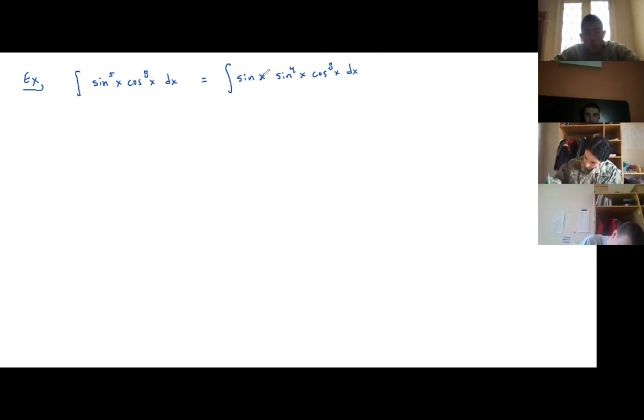I have this one sine by itself. I want to turn sine over here, sine to the fourth, into cosine. So key to that is recognizing that sine to the fourth, this will feel kind of silly, is sine squared squared, right?